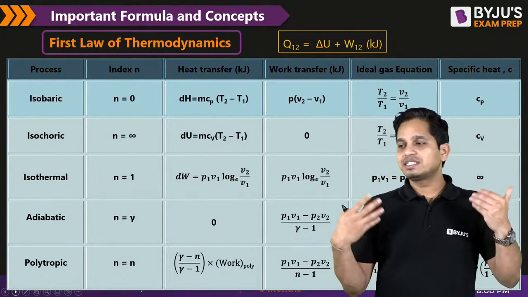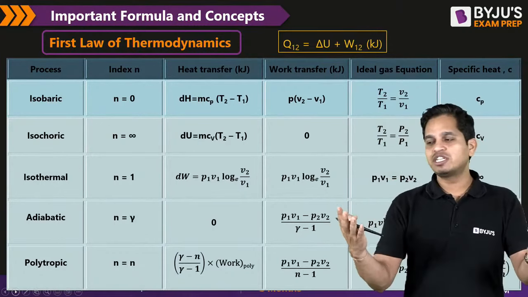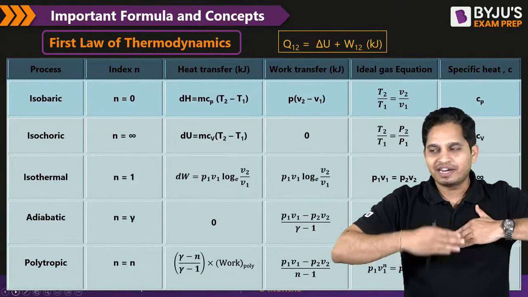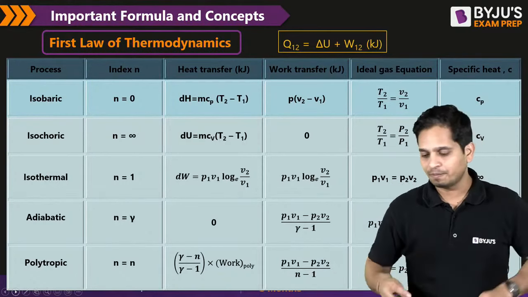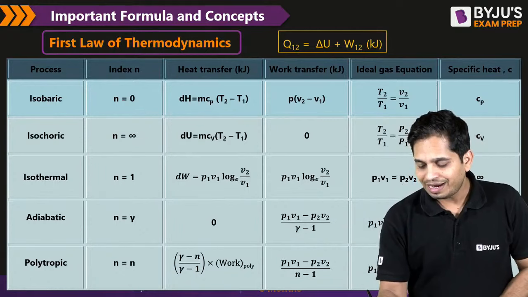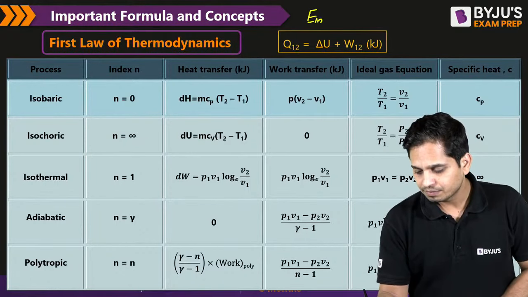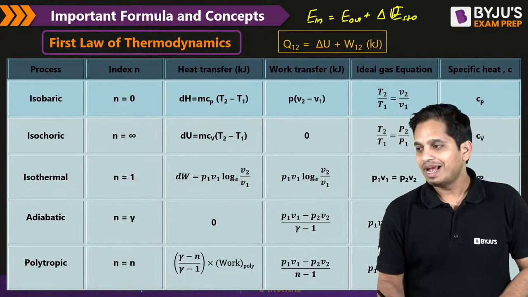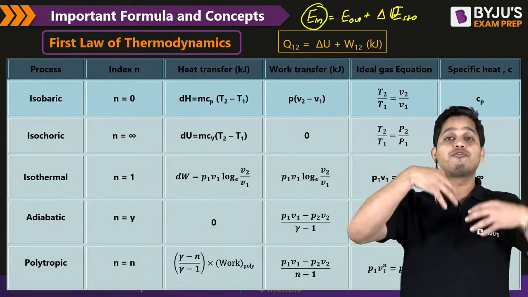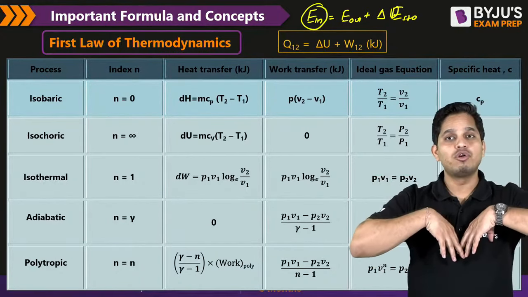The law of thermodynamics is what? Energy conversion. Chemical energy came in, it converted into some form. So my body also has mass, no? Look, energy came in, or energy stored. Energy came in the form of food, chemical energy of food.